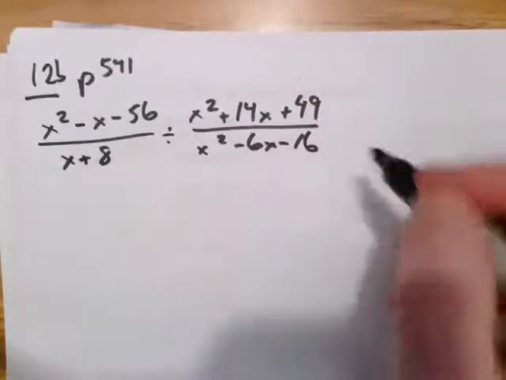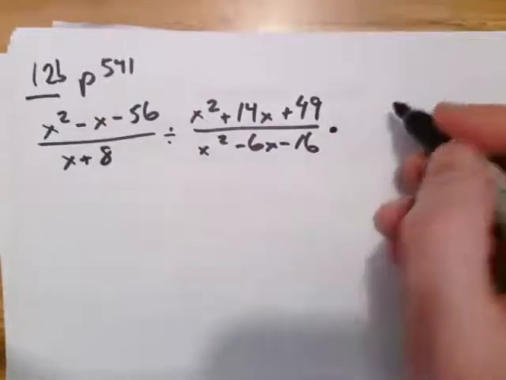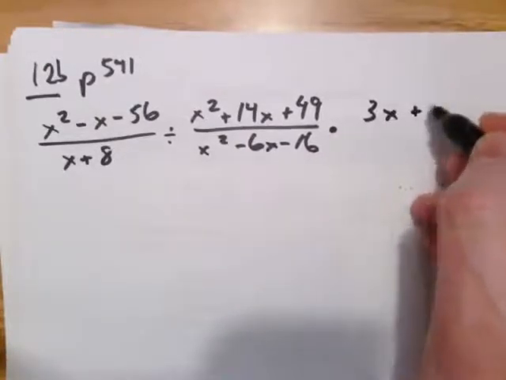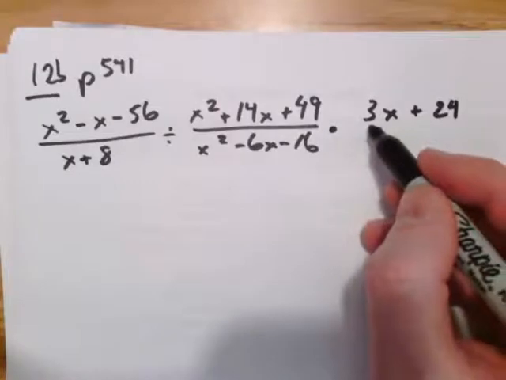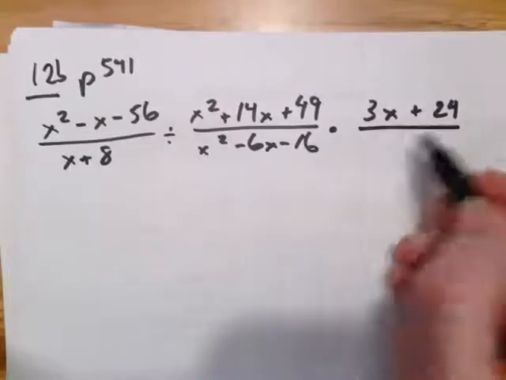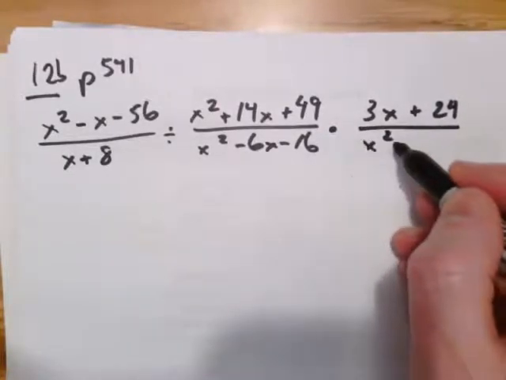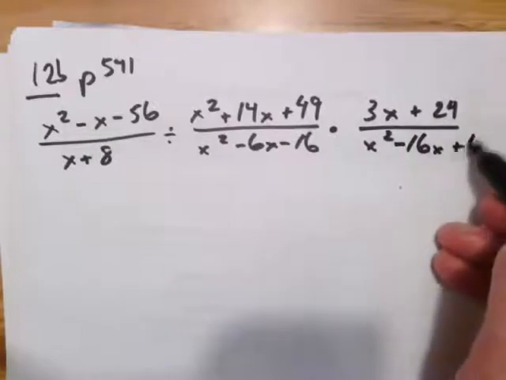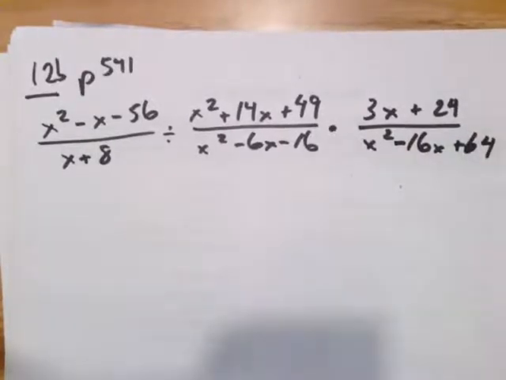Okay, bottom here, 3x plus 24 over x squared minus 16x plus 64. You know what? I should have checked my answer on that last one just to make sure I didn't make a mistake, because I don't want to throw you guys for a loop. No, that was right. Okay, this one looks like it's going to be fun, hey?